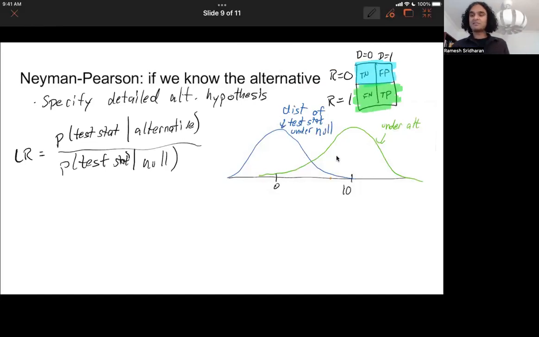So essentially we take the green and divide by the blue. Right here, you can see that ratio is going to be 1. As I go out here, that ratio is going to be less than 1. And over here, the ratio is going to be bigger than 1. I'm going to compare that to some value. The way I compute that value is by using the false positive rate or false negative rate that I want. Then I'm just going to plug in the test statistic I get. You'll get more practice working with this on the homework as well. But this is essentially the Neyman-Pearson framework.